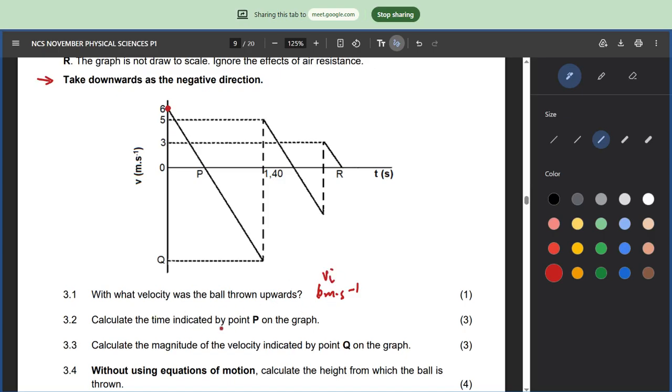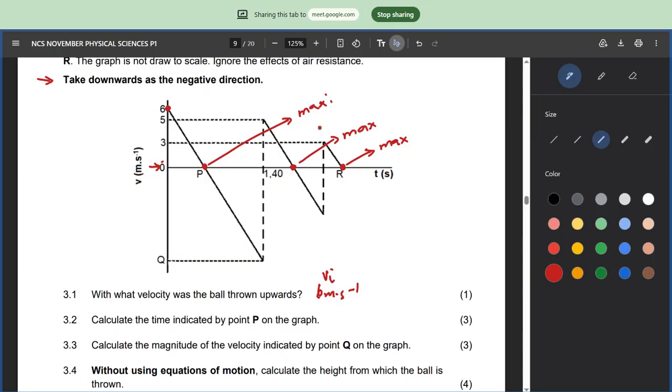Calculate the time indicated by point P. Look at this point P. What is the velocity at point P? It's 0, right? So you see all these points, this is where the ball is at max height. That's why the velocity is 0.